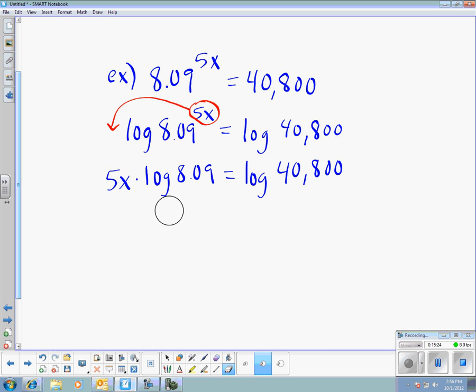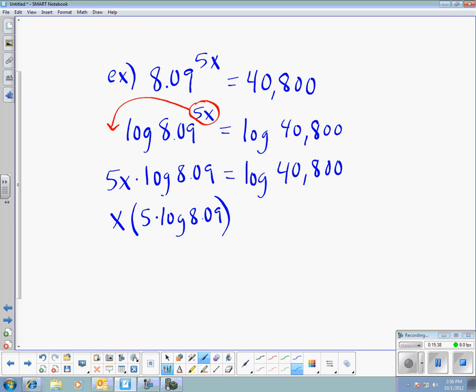if I had 5x times some number, you could do whatever order you want. You could divide by 5 first or divide by log 8.09 first. I'm just going to kind of group the 5 and the log 8.09 together. And since it's just a number, I can divide both sides by it.